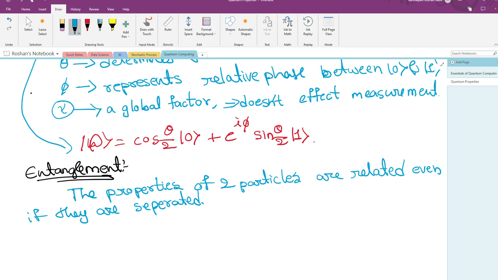That means even if the particles are separated by distances, they both have the same properties.